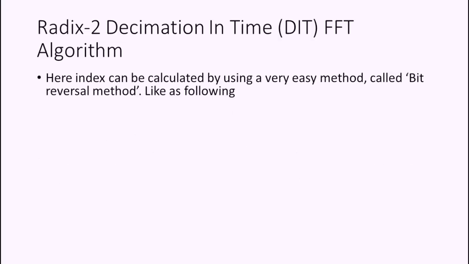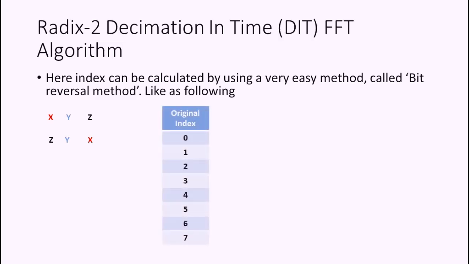Here, the index can be calculated by using a very easy method called the bit reversal method, as follows. If we take 3 bits like x, y and z, and use the bit reversal method, then the final formation will be z, y, x.